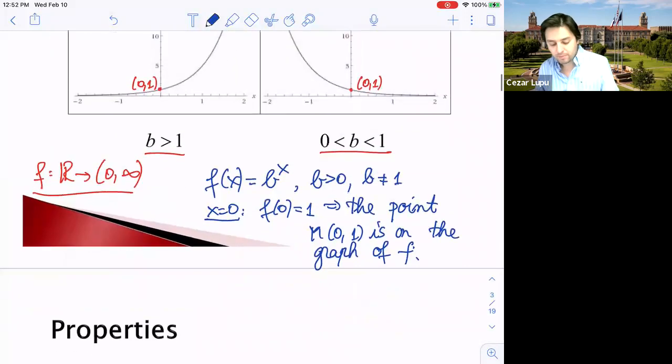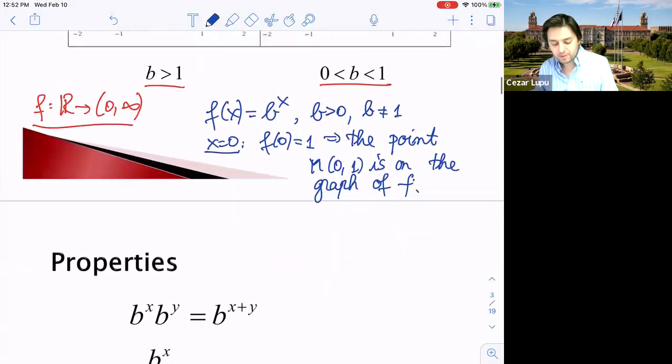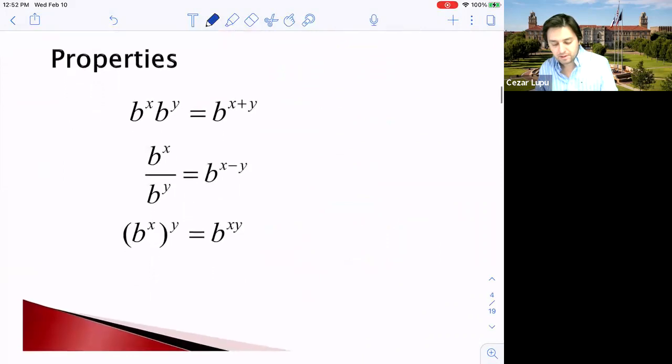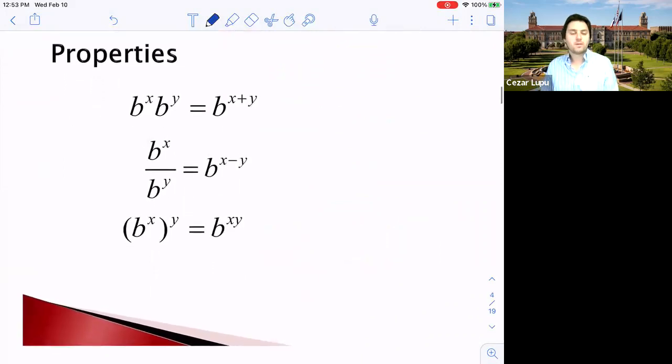Now let's see some properties. These are the properties of the exponentials, and I would like you to look very closely at them. The first one, probably you know it from pre-calc as well. b to the power x times b to the power y is b to the power x plus y.